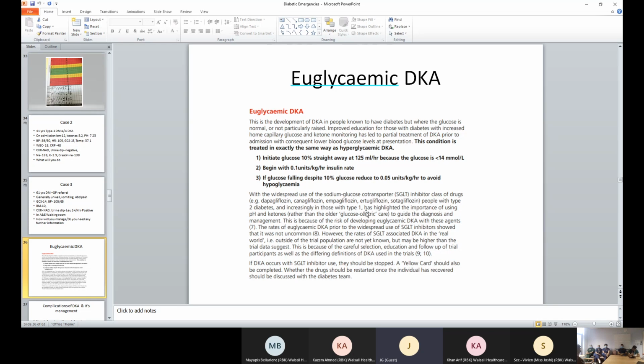And fluid wise, the first bag is still the same. Euglycemic DKA is also still the same. But do we simultaneously also start the 10% dextrose? Because if the blood sugar is less than 14, you're thinking you need to start with 10% dextrose, but that's where it becomes even more difficult, because I'm starting it in a heart failure patient, I'm starting it in CKD patients.